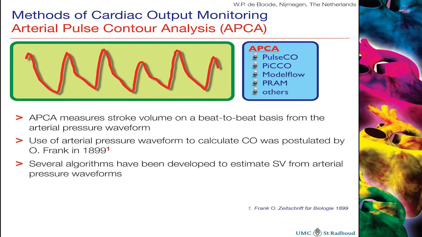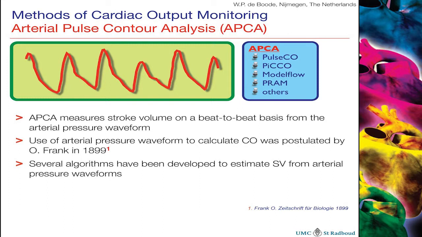The arterial pulse contour analysis, APCA, measures stroke volume on a beat-to-beat basis from that pressure waveform. There have been several algorithms developed to estimate the stroke volume from this arterial blood pressure. So if you have an arterial line, it would be very interesting that from that arterial blood pressure you can determine what the stroke volume is.